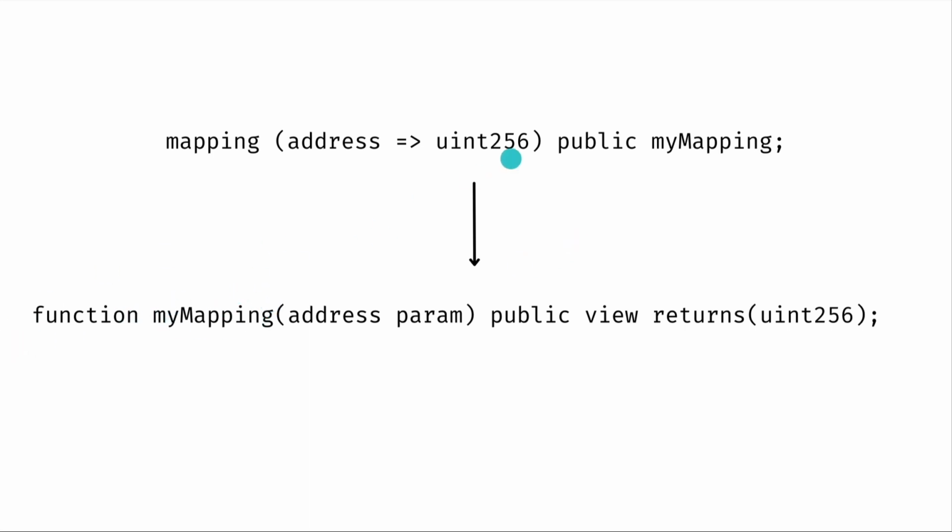Simply declare your mapping as public and Solidity will auto-generate it for you. And lastly, one quick note: mappings can only be inside the storage of a smart contract, never inside memory. So they cannot be parameters or return values for public functions, but you can pass them as function parameters to internal functions if you want to.